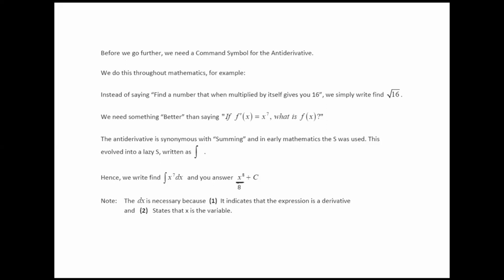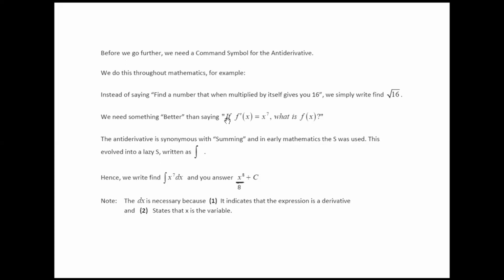We talked about that when we talked about the word integration, summing, okay? In early mathematics, a capital S was used to represent summation. Over time, as happens often, this evolved into a sort of a lazy S, which you see here, okay? And that's the notation we're going to adopt for the command for finding the antiderivative.